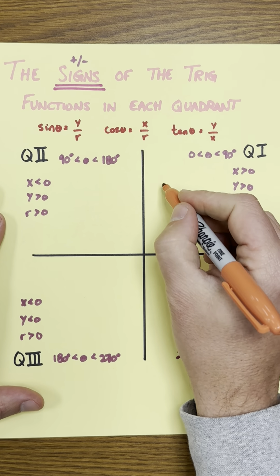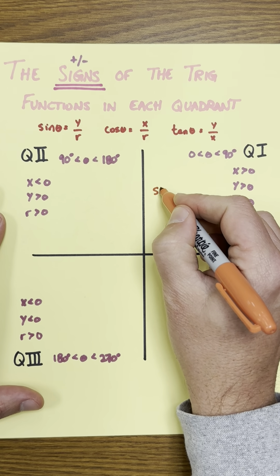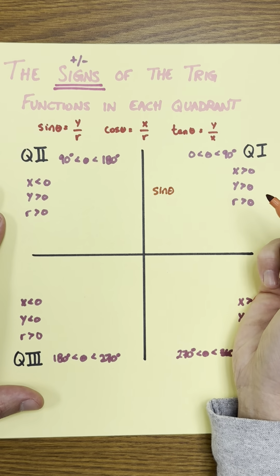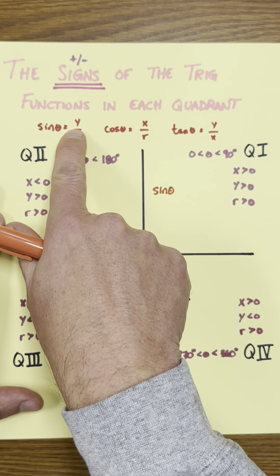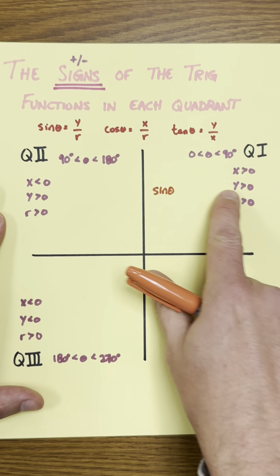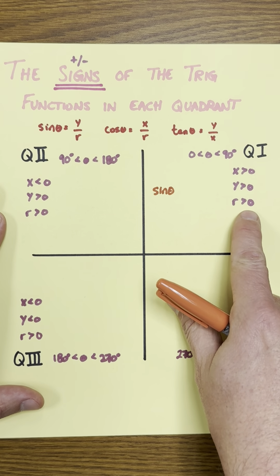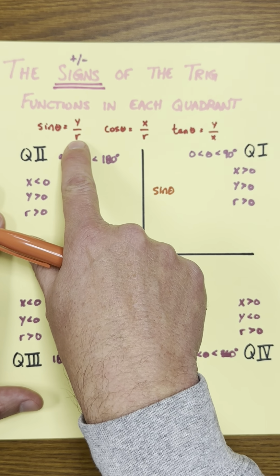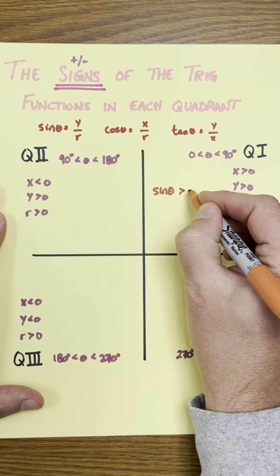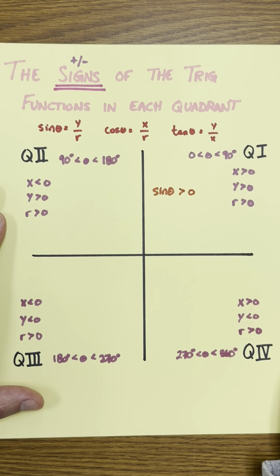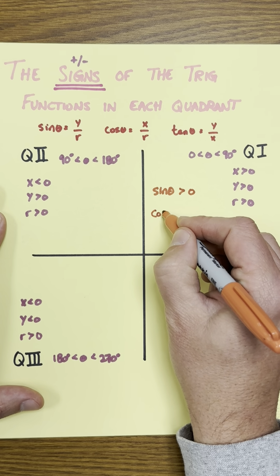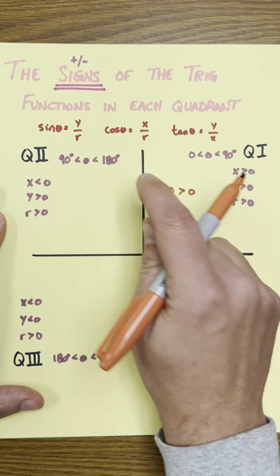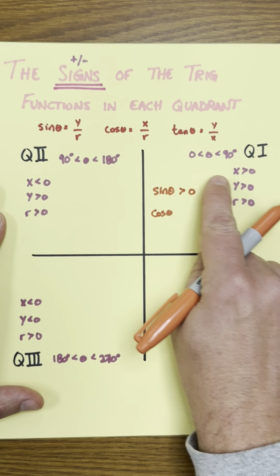So in quadrant 1, the sine of any angle in quadrant 1, well, since sine is y over r, y is positive, r is positive, so we're taking a positive number divided by a positive number. That means the sine is greater than 0. It's positive. The cosine of an angle, well, that uses the x and the r.